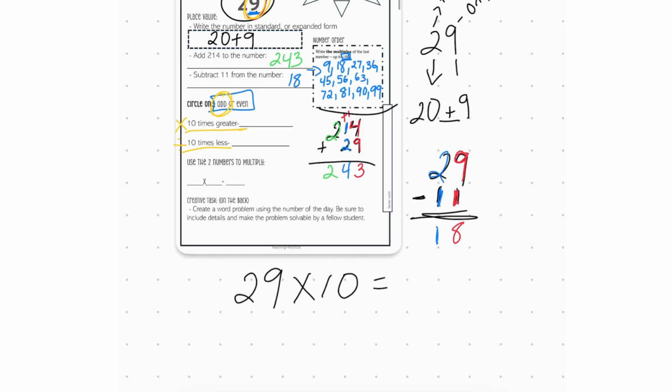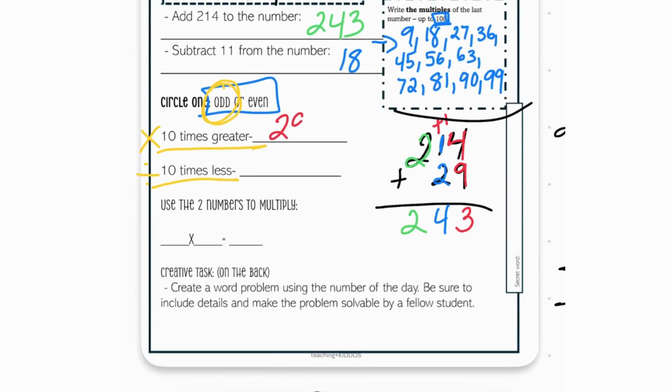All you need to do is look at your base number, which is 29, and then add however many zeros are in the next number, which is just 1 zero. We have a 0, so we add that. So 10 times greater than 29, our answer would be 290, because we're adding that 0.